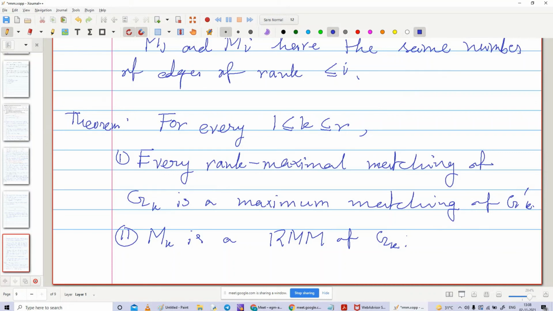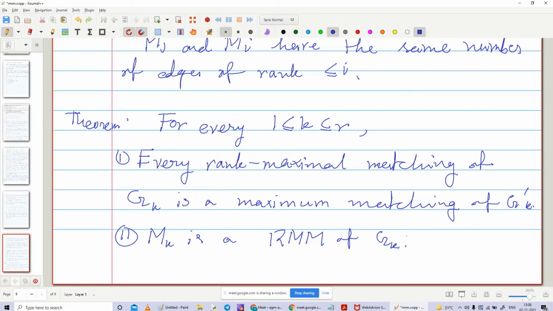So it's like if and only if. I mean, it basically shows both ways, and this holds for every rank maximal matching. Okay, so we are going to prove it in the next class.